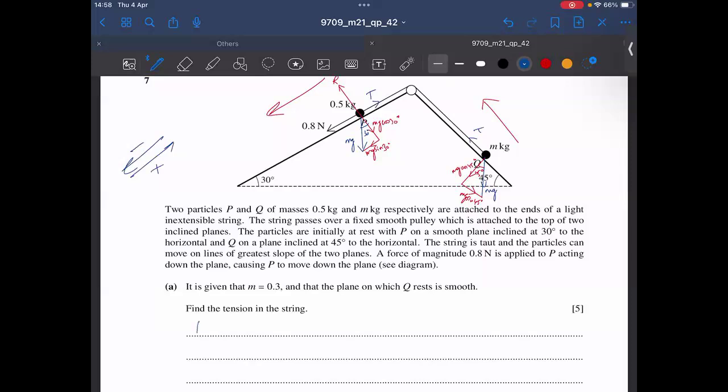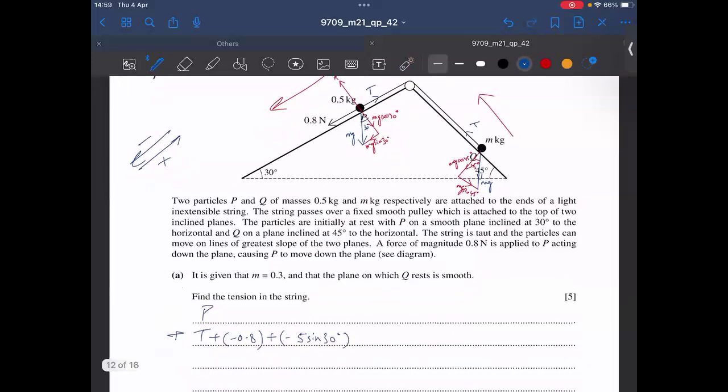For P, I have T acting up the plane, minus 0.8, minus 5 sine of 30. mg is 0.5 times 10, which is 5, so 5 sine of 30 degrees, equals ma, in fact 0.5a, so minus 0.5a.